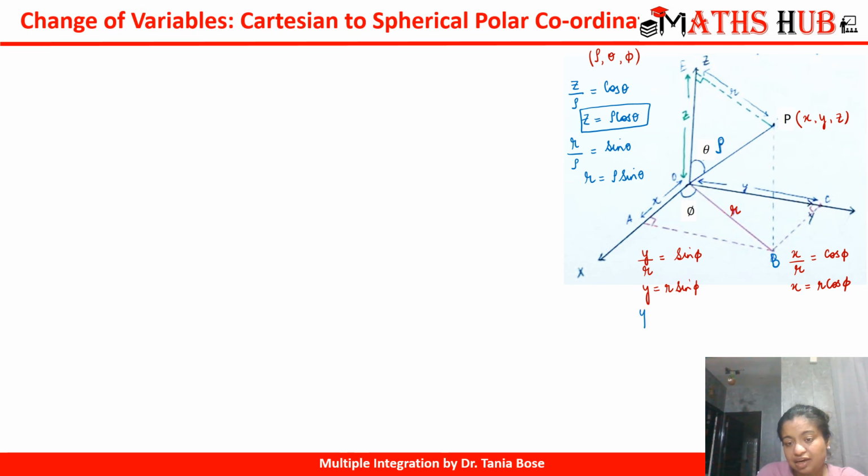So we get finally y as rho sine theta sine phi, and we get x as rho sine theta cos phi, right? So with the help of these transformations, we get how we convert x, y and z in terms of rho, theta and phi.